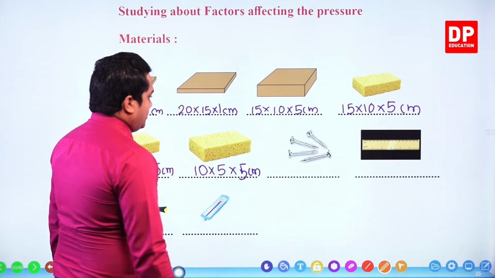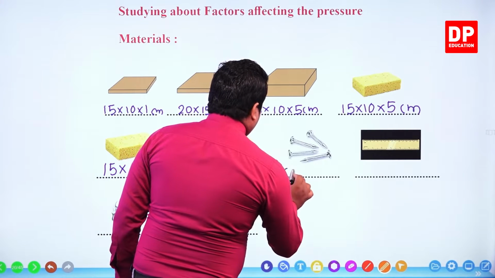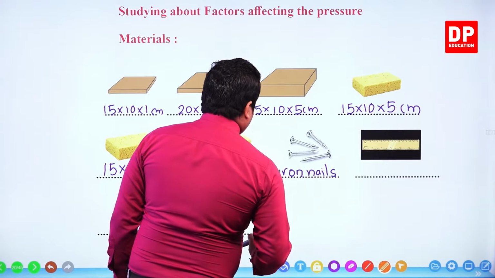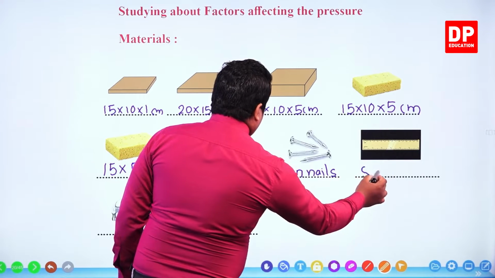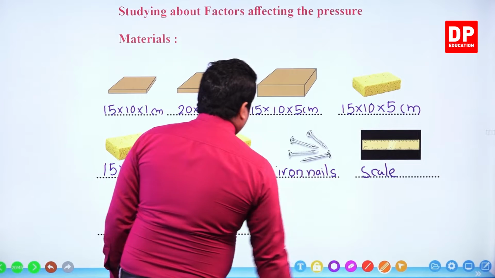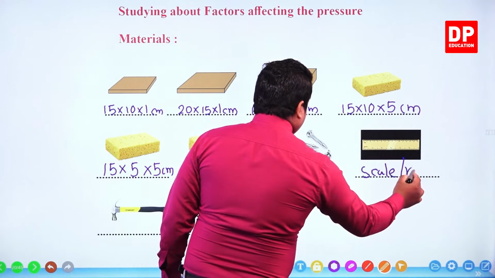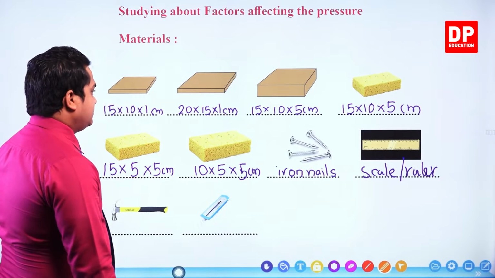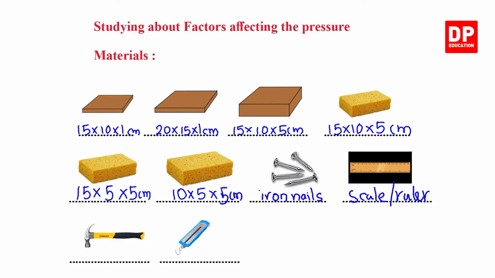Okay. Then after that iron nails, then a scale or else a ruler, hammer, then a spring balance.